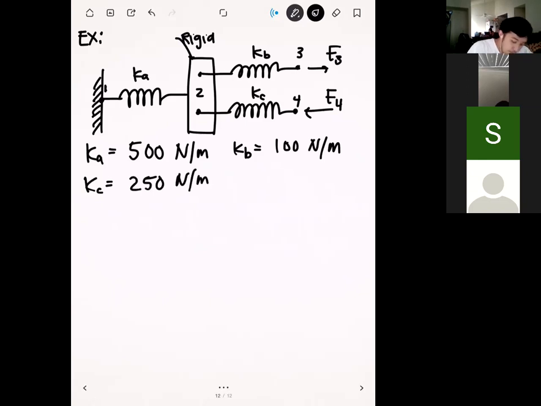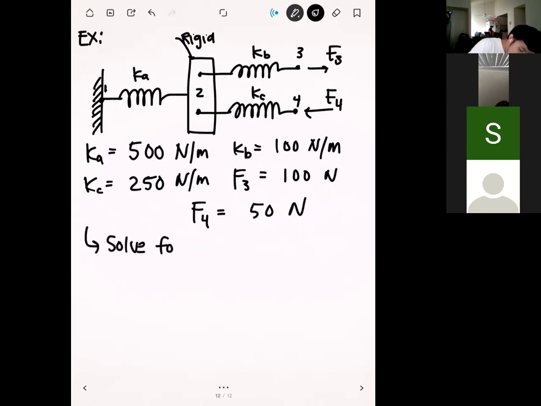F3 will be 100 newtons, and then F4 will be 50 newtons. And so from this problem, we're interested in solving for all the nodal displacements. So we're interested in solving for the displacement of node 1, node 2, node 3, and node 4.